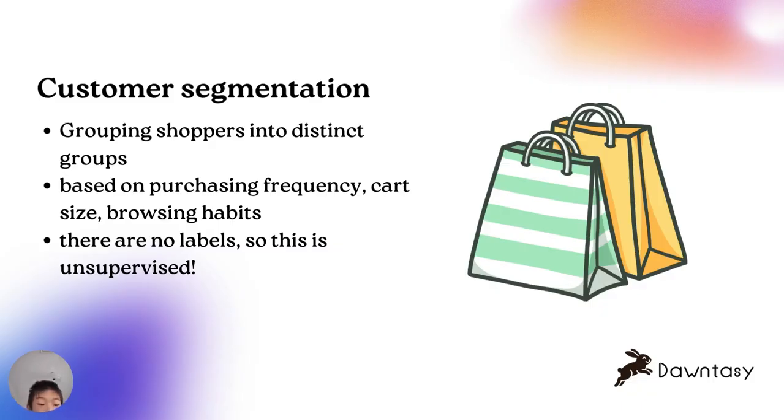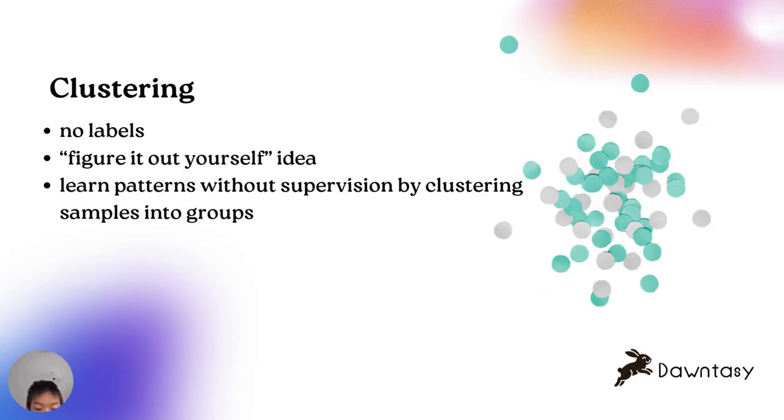There are no labels, so this is unsupervised. This is called clustering. There's no labels. You have to figure it out yourself. And we learn patterns without supervision by clustering these samples into distinct groups.